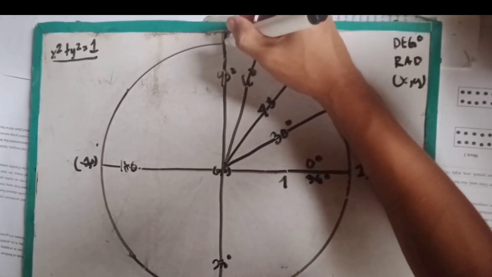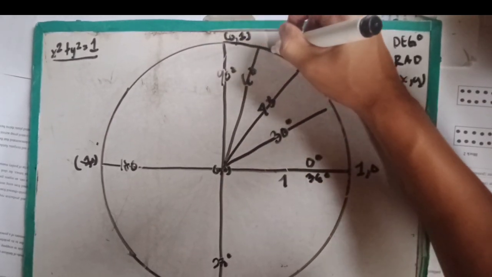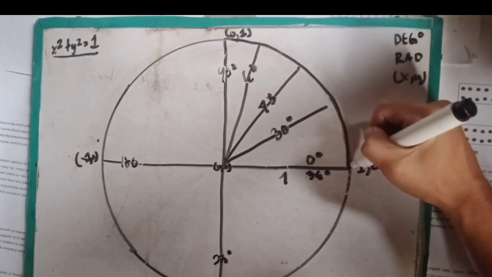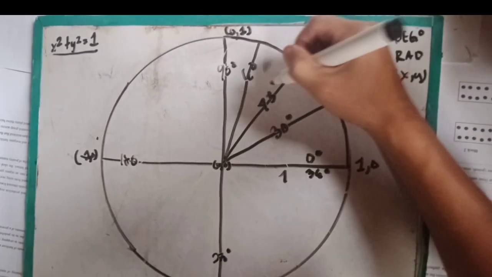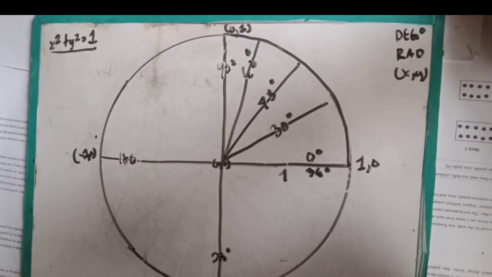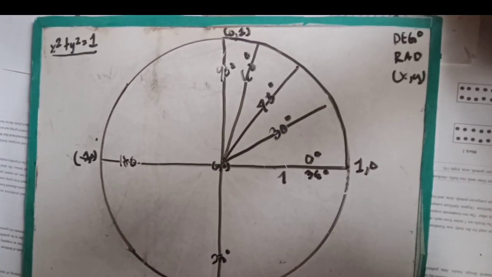It is easy to get the value in degrees if we consider the right triangle whose hypotenuse is equal to 1. So right here we have the values of the special angles. After having the values in quadrant 1, we can now move to quadrant 2.